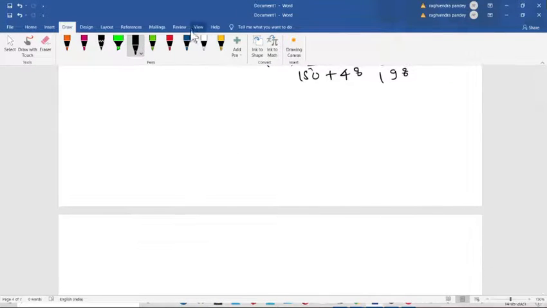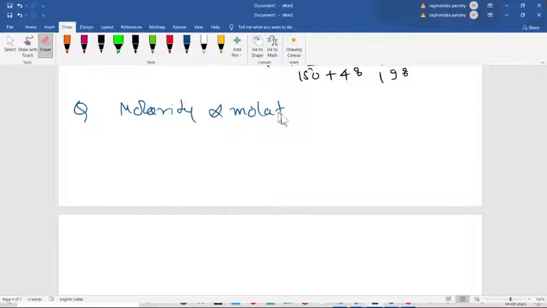Let's take another problem. Molarity and molality of an aqueous solution is 9 and 10.